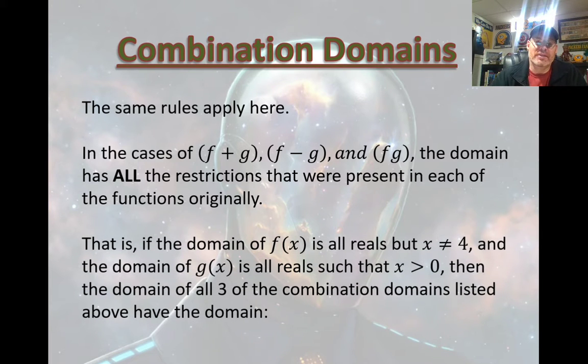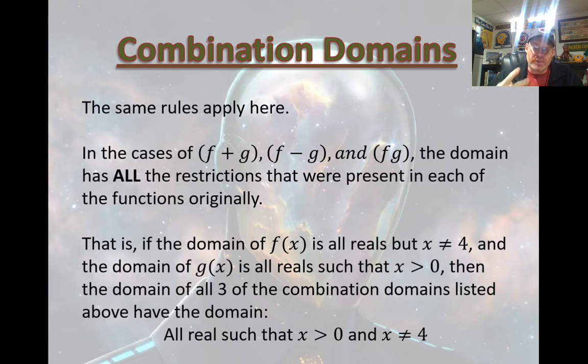So what I mean is, if the domain of f of x is all reals but x cannot equal 4, and the domain of g of x is all reals greater than 0, okay, then the domain of those three combinations will have the same exact domains as both of those, which would be all reals such that x is greater than 0, but x cannot equal 4. So your combination is going to include both the domains that the original functions had.